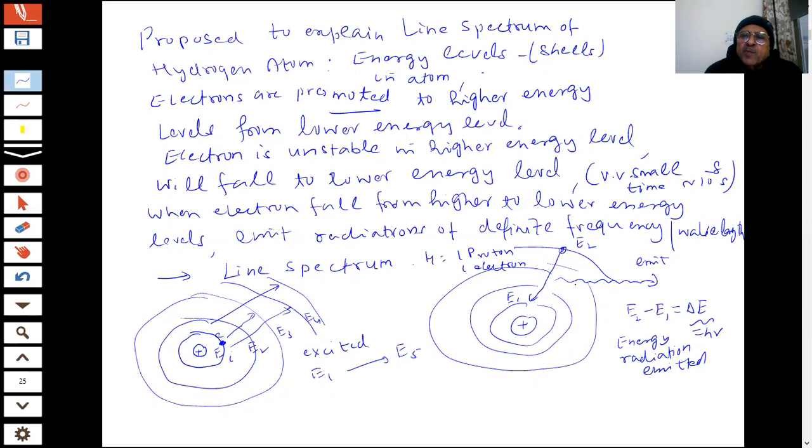So there will be jumps to all lower energy levels, from fifth to the ground, from fourth to the ground, from sixth to the ground state. And different wavelengths of light will be emitted. That is what we observed in the case of the hydrogen atoms.